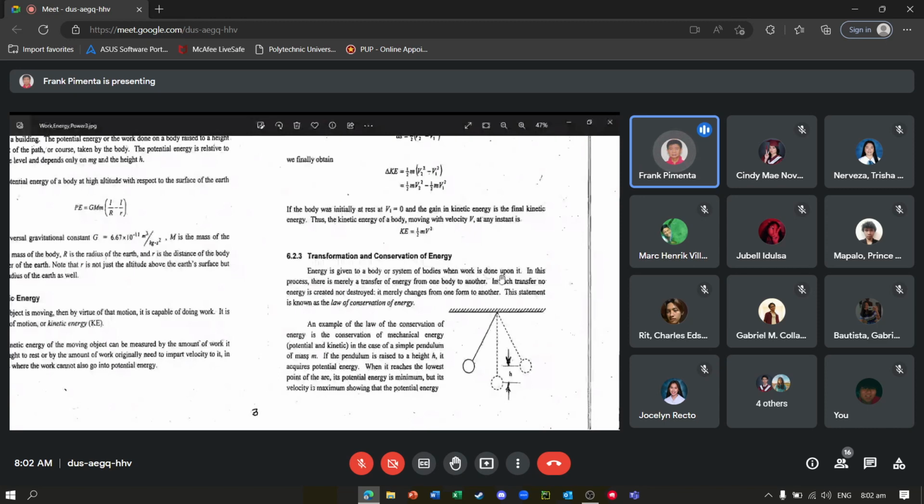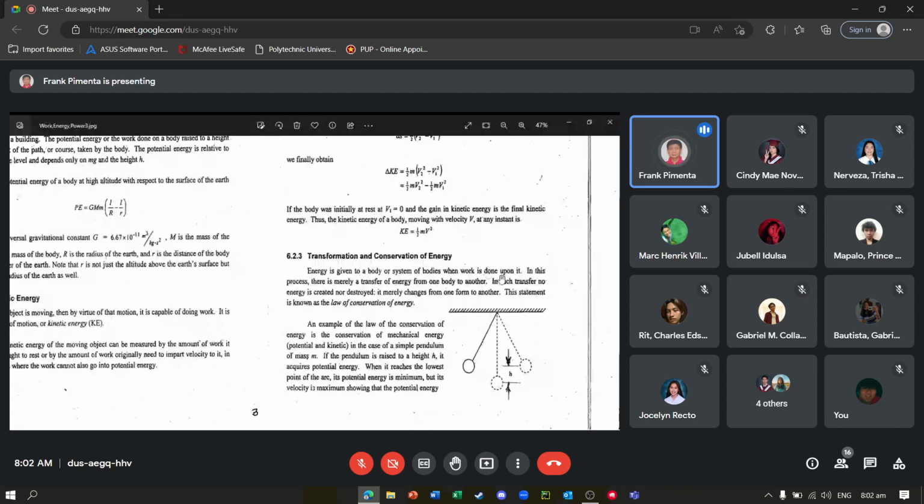If this pendulum is raised to the maximum position or maximum height, the energy here at maximum height, where pag sinabing maximum height, this will be the highest point the pendulum reached.